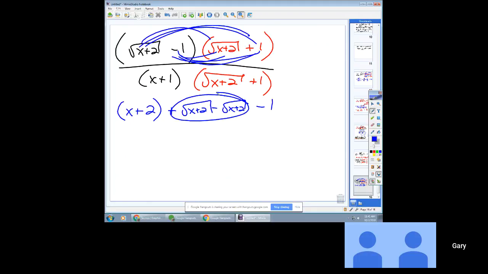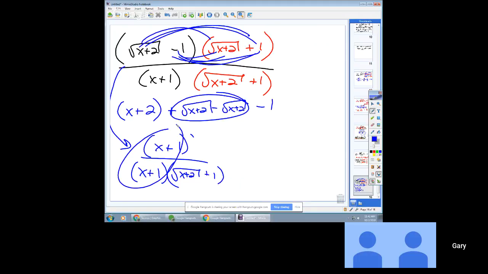So skipping down a little bit, I get x plus 1 over x plus 1 times the square root of x plus 2 plus 1. You can cancel the x plus 1, right? I have a factor of x plus 1 in the numerator, and a number divided by itself is 1.